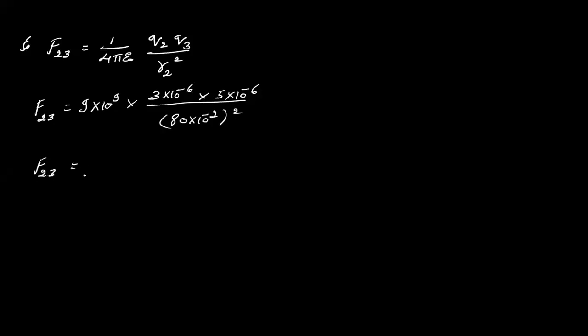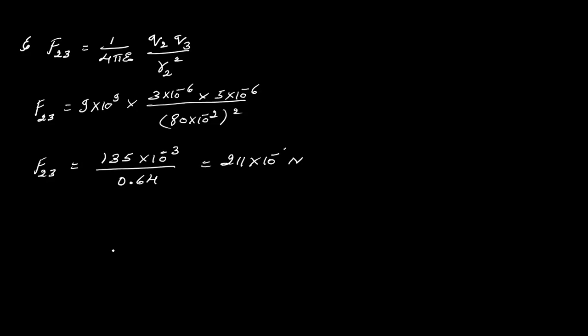F23 is equal to, solve this one: 3 fives are 15, 15 nines give 135 into 10 power minus 3, and this is 6400 into 10 power minus 4. You can write it as 0.64. After solving, we get 211 into 10 power minus 3 Newton.